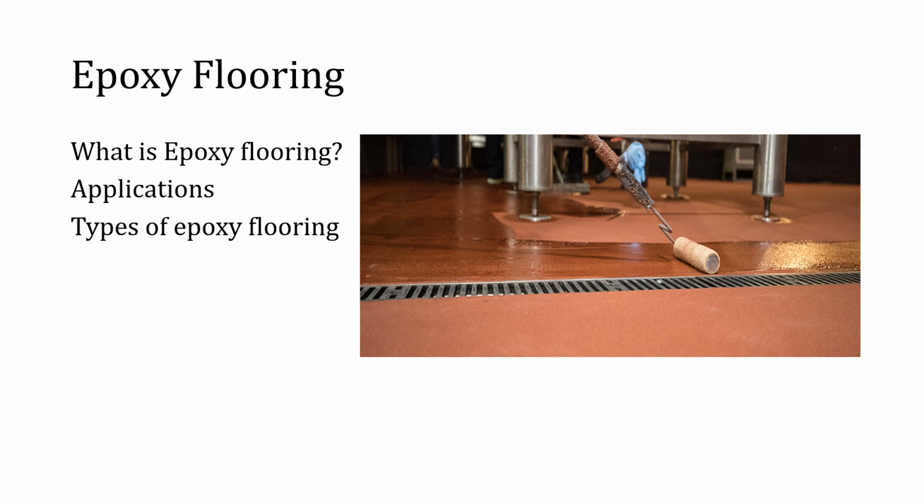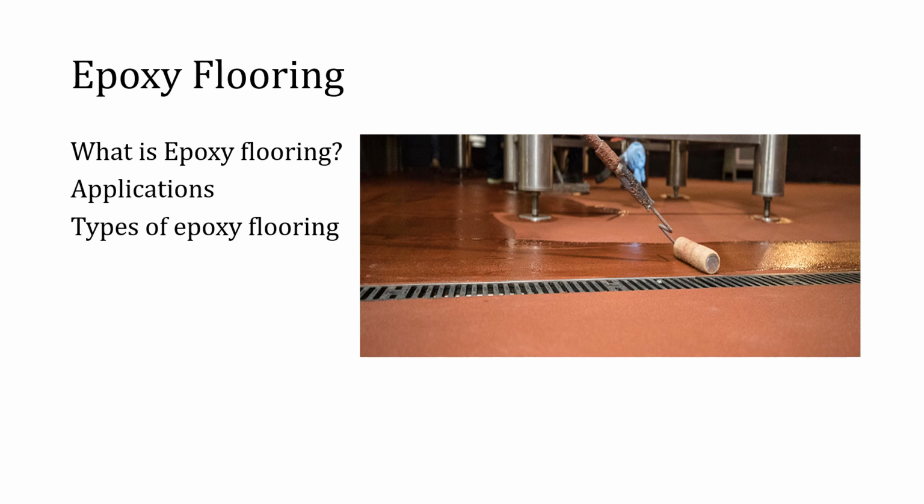Types of epoxy floorings. In terms of aesthetics, epoxy floors are seamless, highly versatile, and available to be produced in a wide range of colors, styles, effects, and decorative options. These properties make them suitable for industrial and commercial facilities and locations.